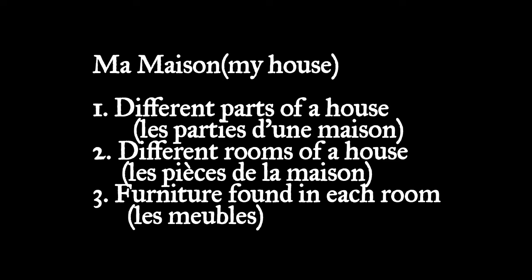And in the last section, we were learning about les meubles. Les meubles are pieces of furniture found in different rooms in a house in French. We named many of them. For example, name the ones that you can remember.